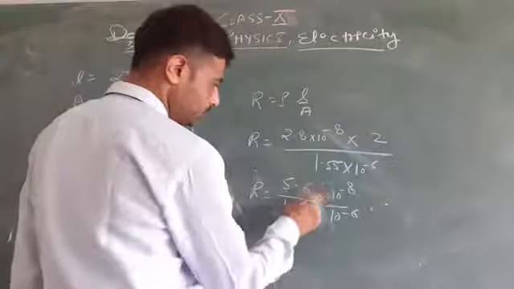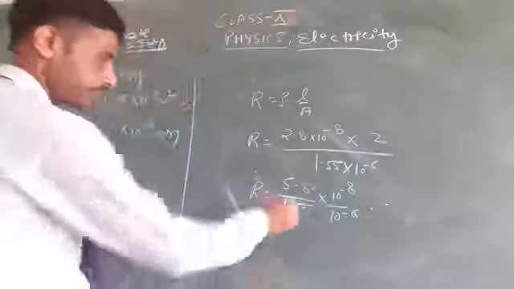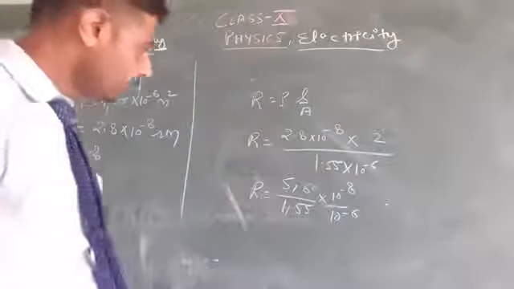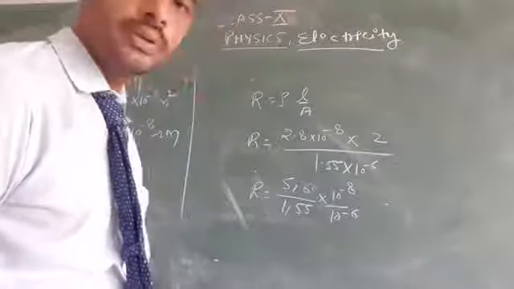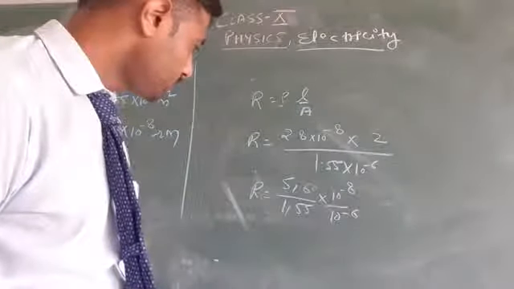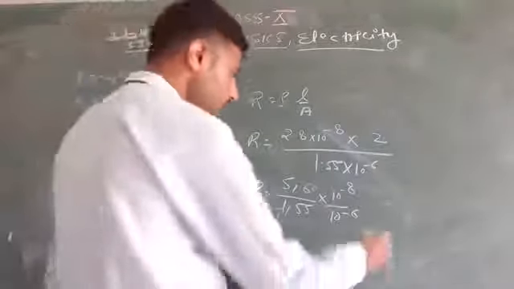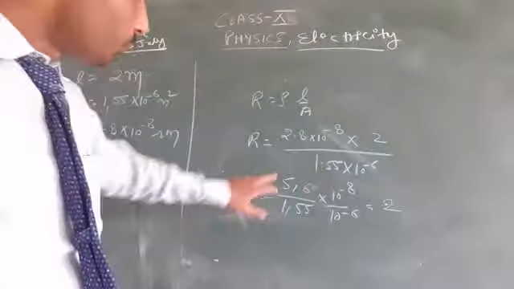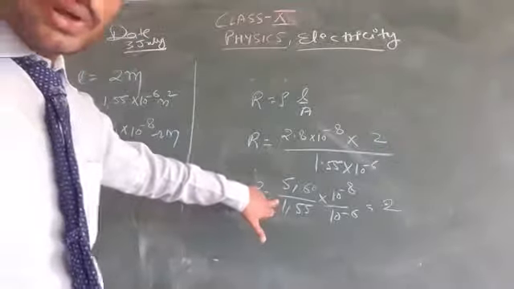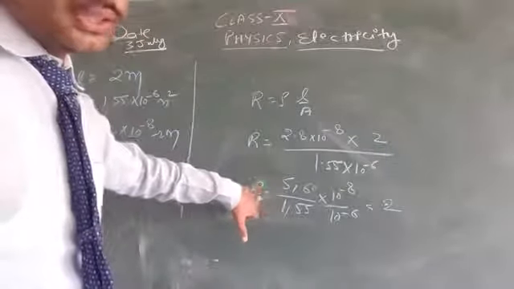So remove the point, a 0 will come. So when 5.62 is divided by 155, this is what will come: 156 divided by 155.